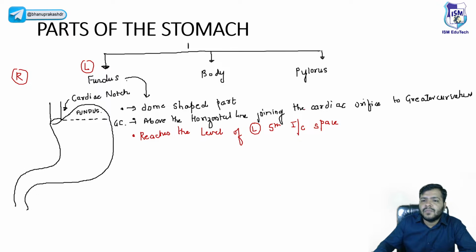Now you already know the fifth intercostal space is the place where the apex of the heart is present. The apex of the heart is nearby.